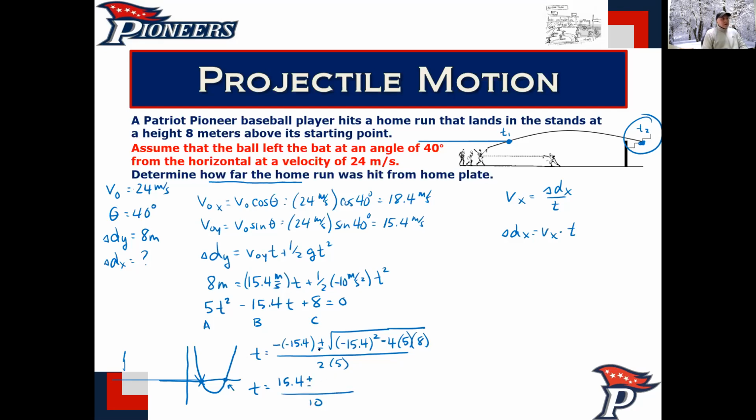Now, when you know that the minus one is going to give the smaller number, you could ignore that because you know that's not the answer that you're going to need. So I get discriminant is 77.9. I take the square root of that. I get 8.8. So I add 15.4 to that. It's 24.2. Divide that by 10, obviously 2.42.